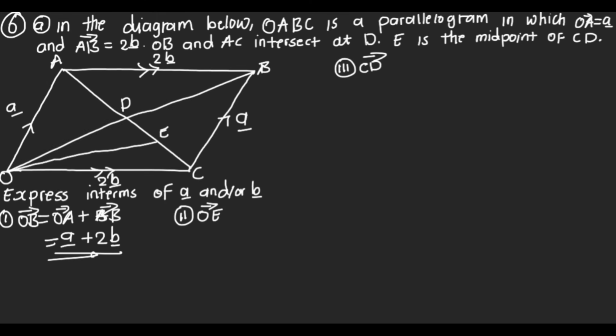Now the other question here, we want to find the vector OE. So from O to E. So how can we find this vector? We are first going to find the vector AC. So for us to find the AC, we can use this route, or if we want, we can use this route here. So let's first find the vector AC. So AC is equal to, we are going to have AO plus OC.